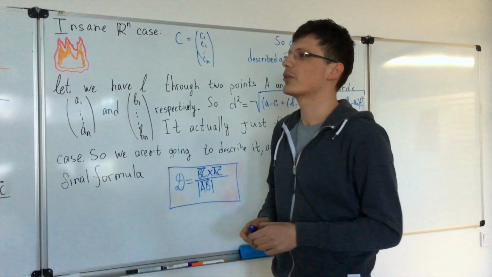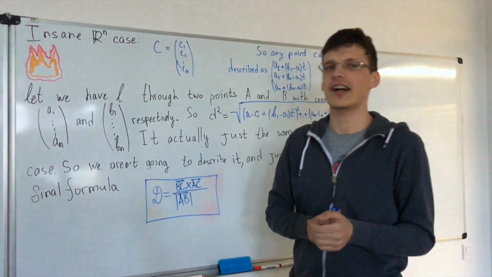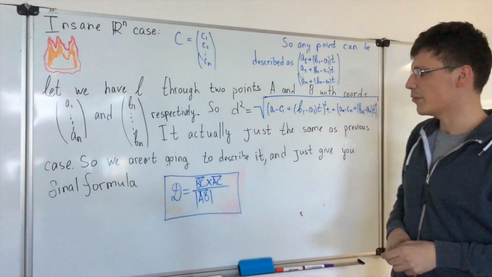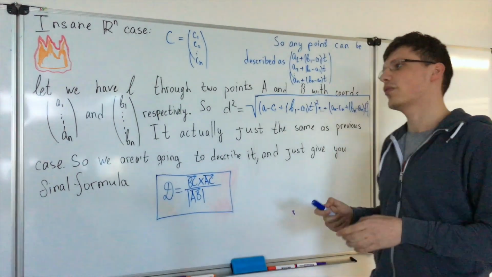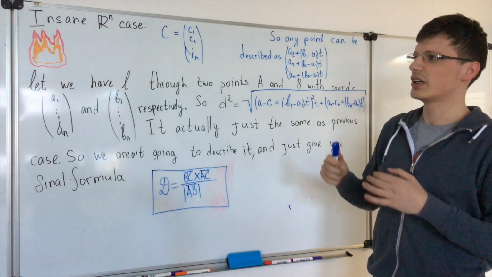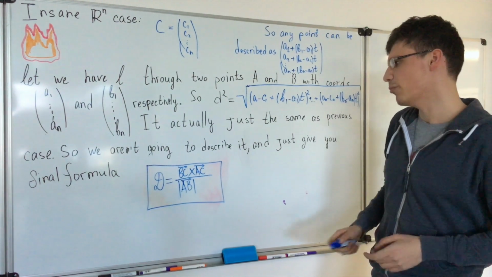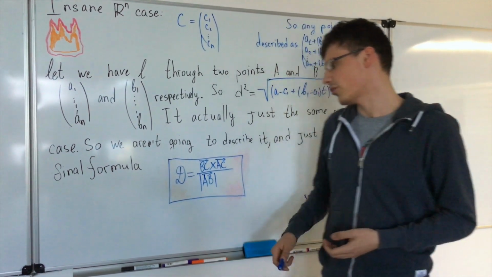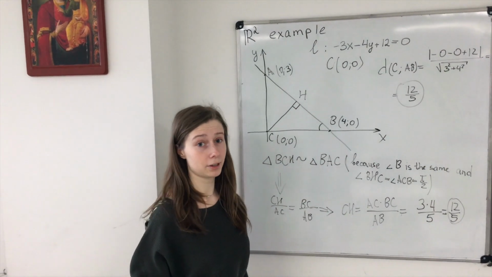And I will speak about a little bit harder case with Rn. It actually is the same as the previous case, so we are not going to show you all these things because all calculations are just the same, and we will just give you the final formula which works in Rn.